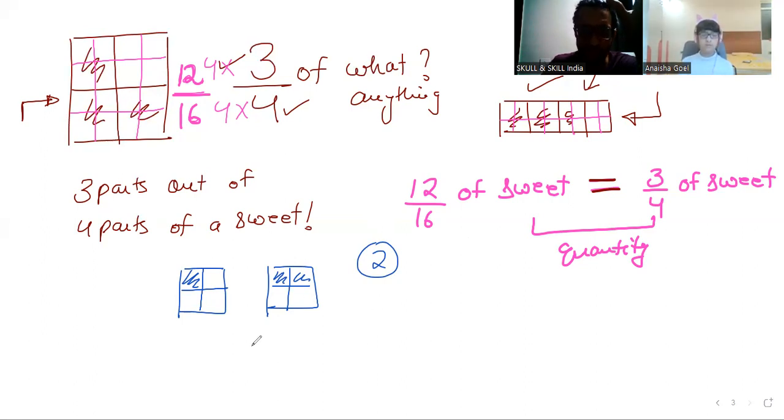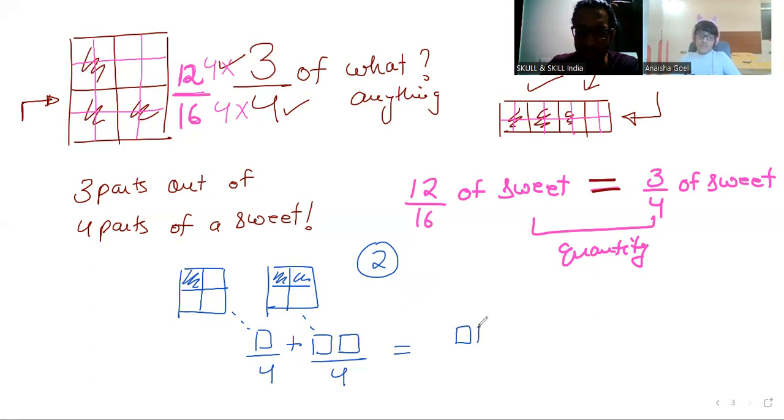I took that smaller part from here, और फिर यहाँ से मैंने ये 2 parts ले लिए. क्या इनको जोड़ के, this 1 part is out of 4 parts and these 2 parts are out of 4 parts, can I join them together and say I have 3 parts out of 4 parts?